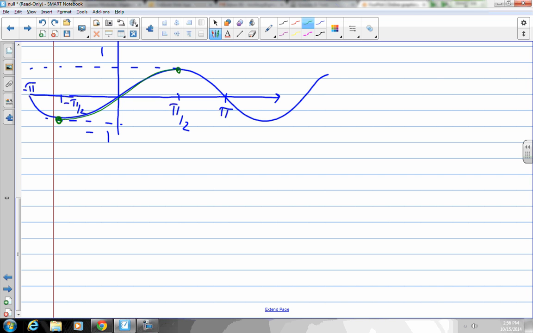We restricted the domain from -pi/2 to pi/2, and this portion stays one-to-one. It passes the horizontal line test and covers the entire range. So we can find the inverse of this function, I can sketch it, and therefore eventually I'll be able to solve equations that involve this type of function. So that's the importance of restricting the domain. Okay?